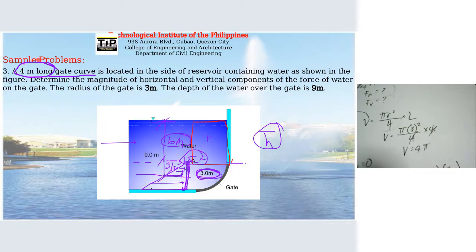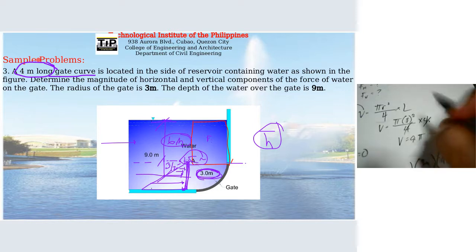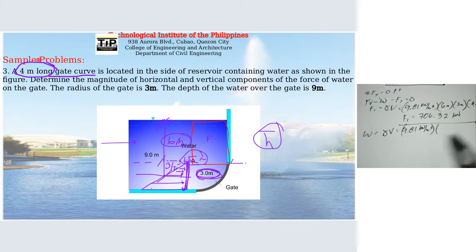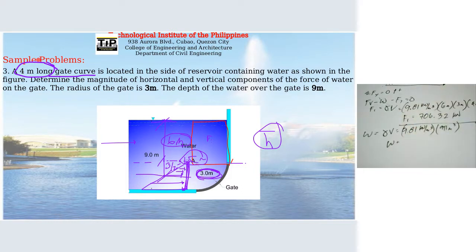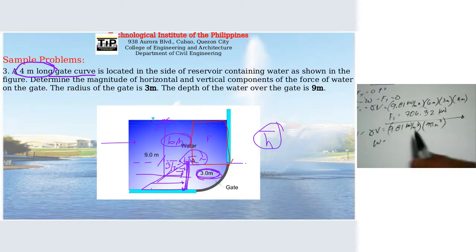This will become 9 pi. This is in cubic meters. Okay, we can substitute that to this. So what is the weight? What is the weight po in kilonewtons?